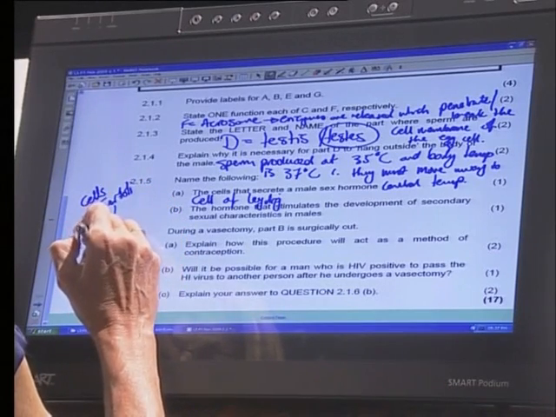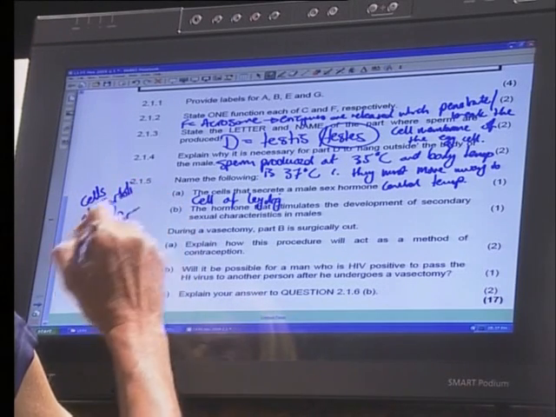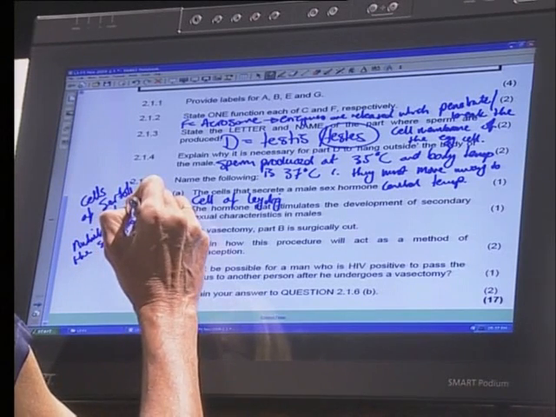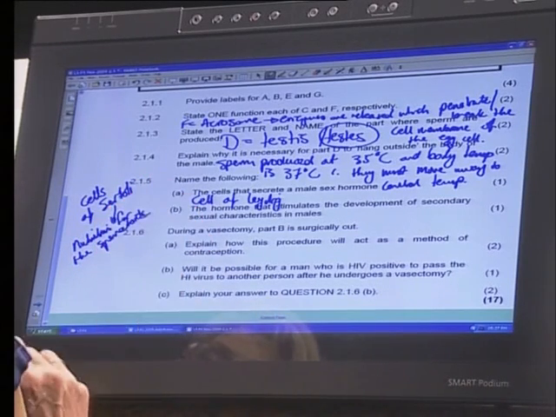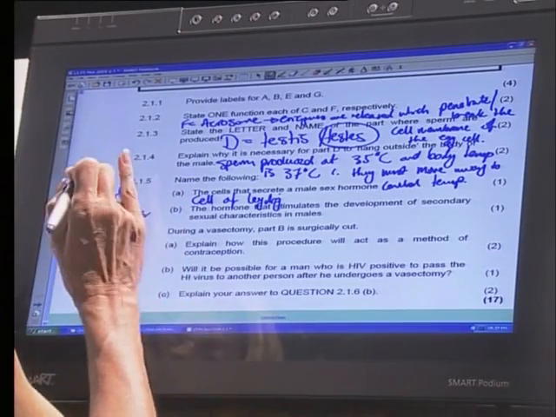I think they produce the spermatozoa. No, it's nutrition for the spermatozoa. They are in the germinal epithelium. That's where they're found. And they produce the nutrients while the little sperm cells are being formed. So that you don't confuse cells of Leydig with the cells of Sertoli.